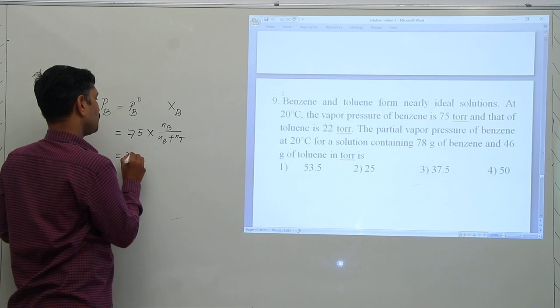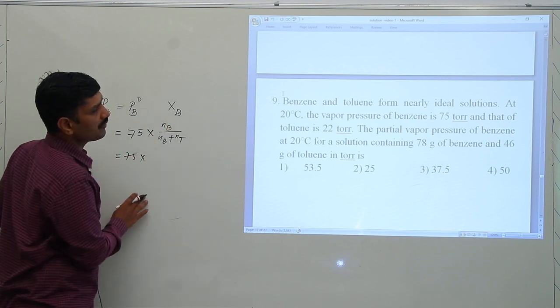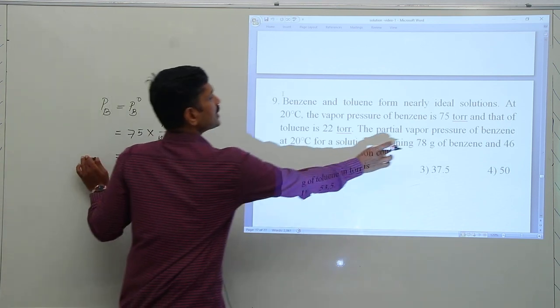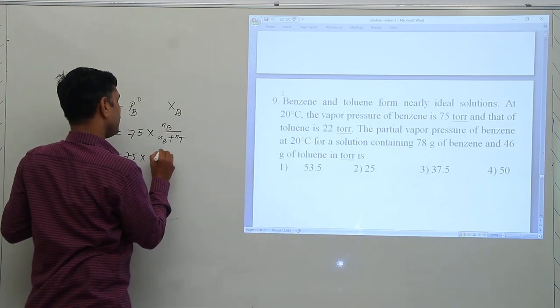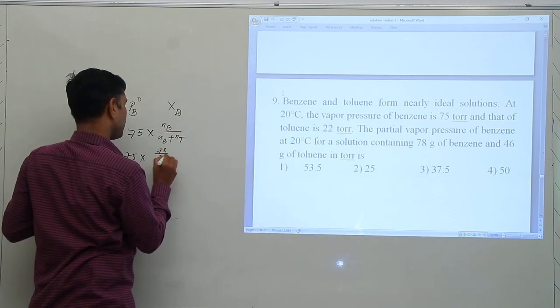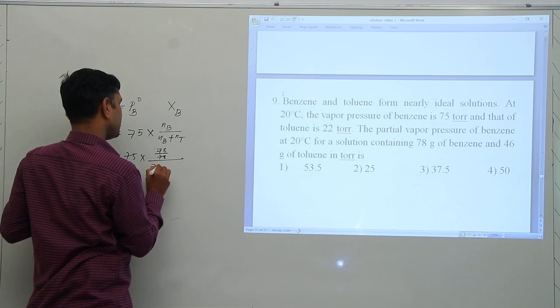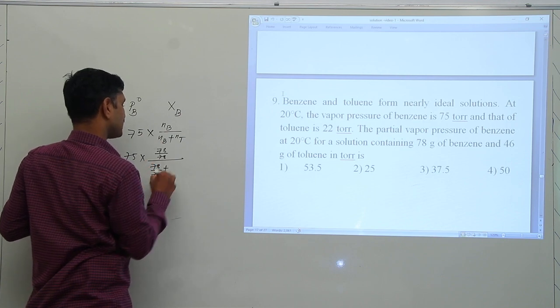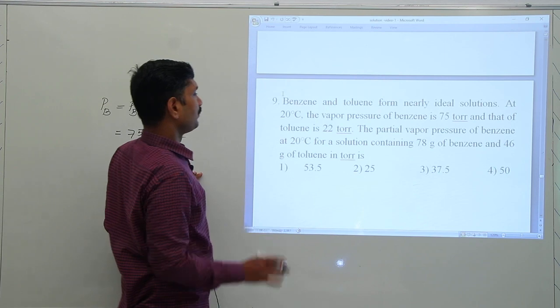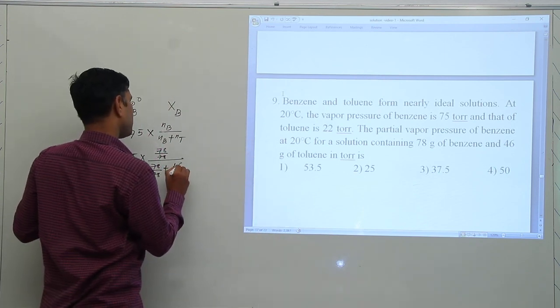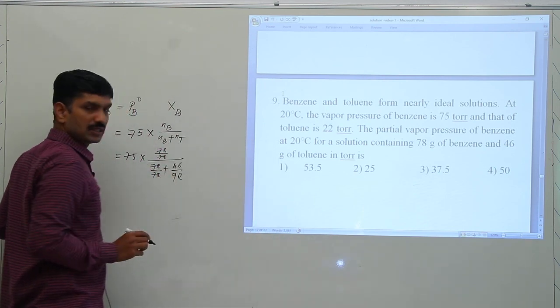So 75 into the number of moles of benzene. Benzene 78 gram is given, 78 divided by 78, the molecular mass of benzene. Plus the number of moles of toluene, 46 divided by 92, the molecular mass of this one.